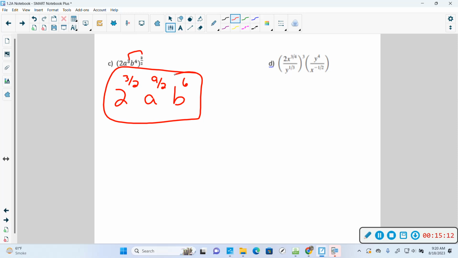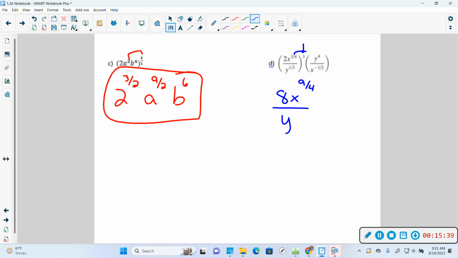D's a winner. We've got rational exponents, we got negatives, we got it all, okay? So again, same thing, I always look for that power on the outside. I'm going to apply that cubed first to everything and just see where we're at. So I'm going to do 2 cubed in my head. Got it. 3/4 times 3. 3 times 3, 9. 1/3 times 3. Oh, I like that. What's 1/3 times 3? 1.